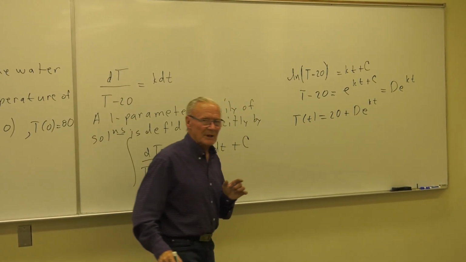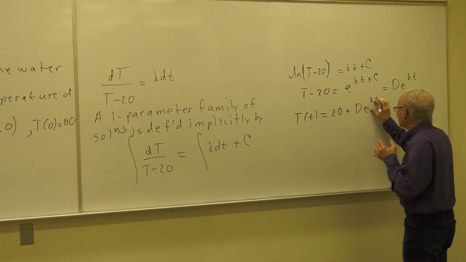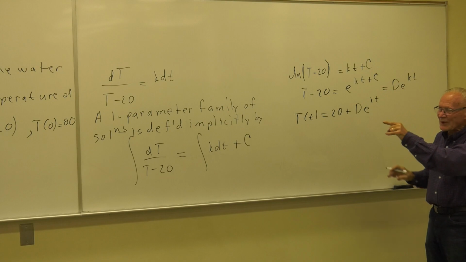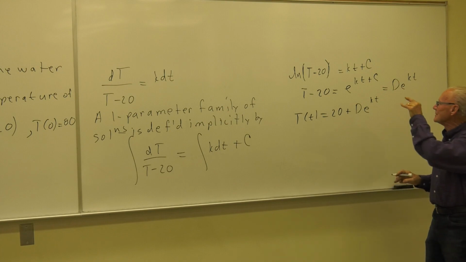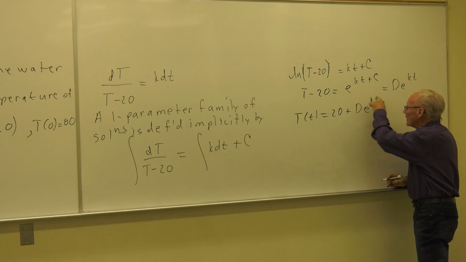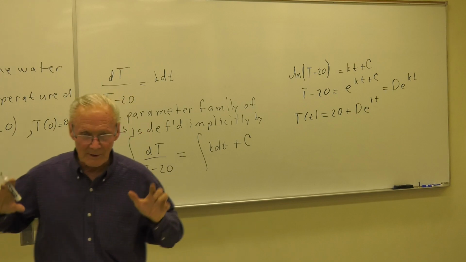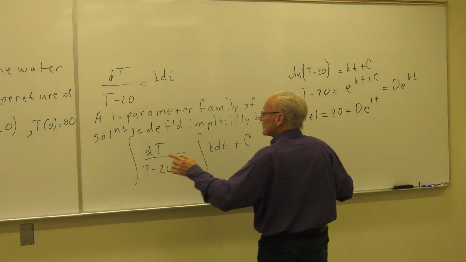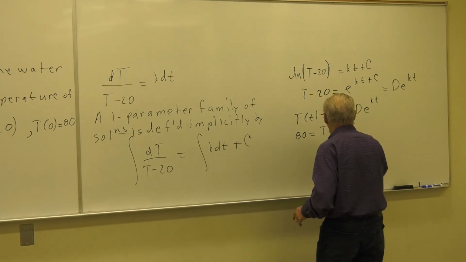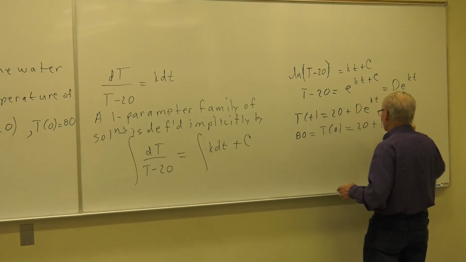I stopped for a second and I thought to myself, ooh, this looks like the temperature's going up. But I suddenly remembered, what did we say about k? K is negative. So that guy's a negative, therefore this guy is going to be decreasing as time progresses. And I said, oh, I'm happy again. Right. So let's force on the initial condition. We need T at 0 to be equal to 80, and that's 20 plus d e to the 0.